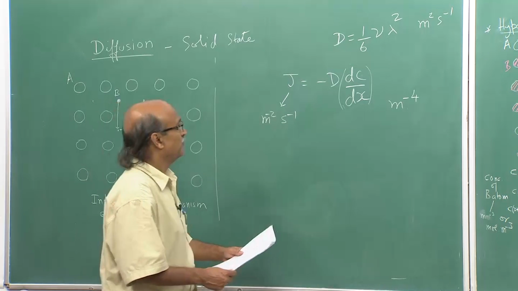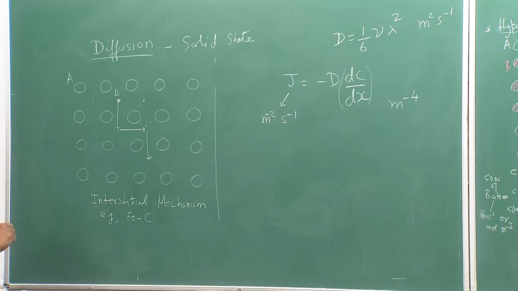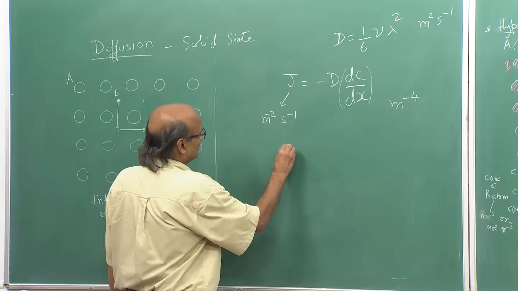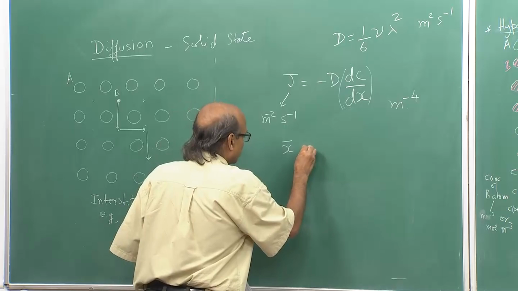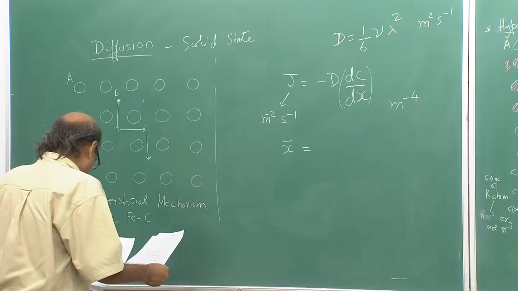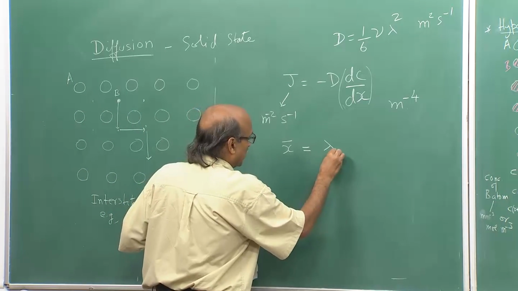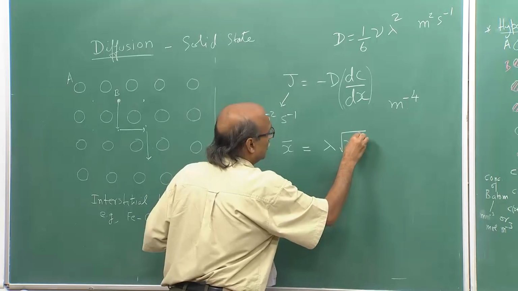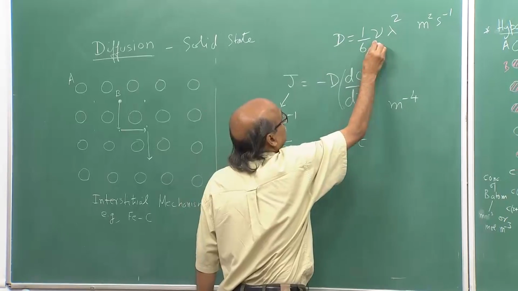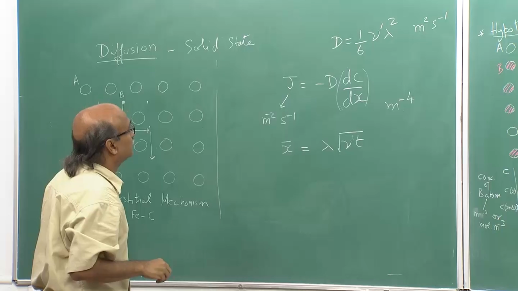Finally, let me reconcile with what we had done in the last lecture. In the last lecture, the diffusion distance, if you recall, we had written this relationship as x bar is equal to lambda square root of nu prime t, and here the diffusion coefficient is 1 by 6 times nu prime lambda square.